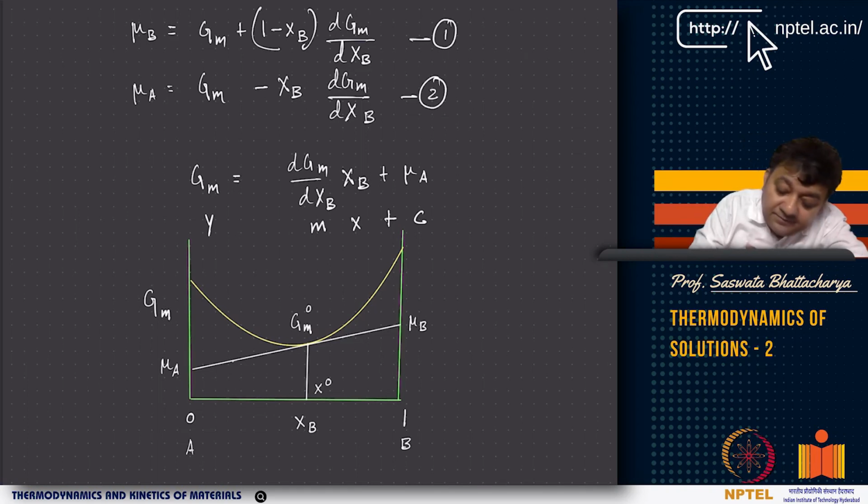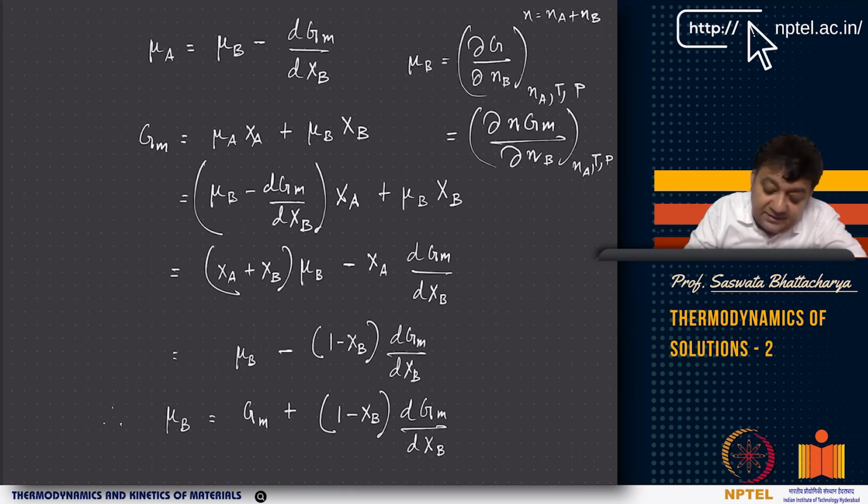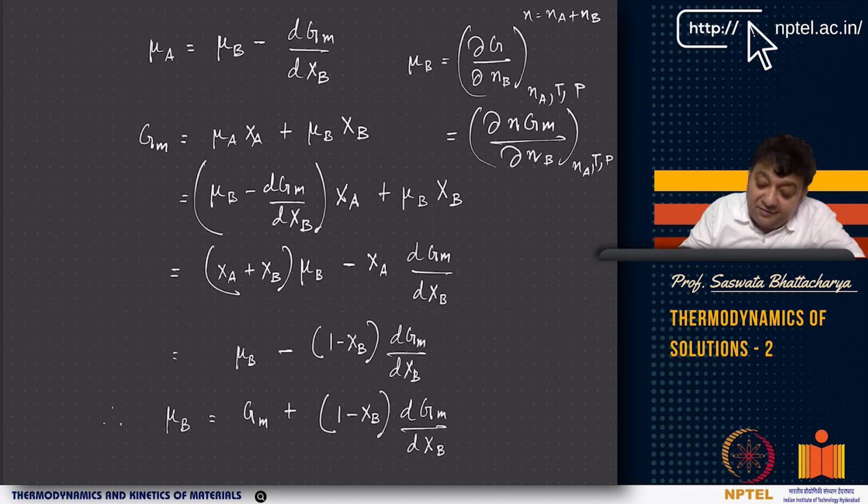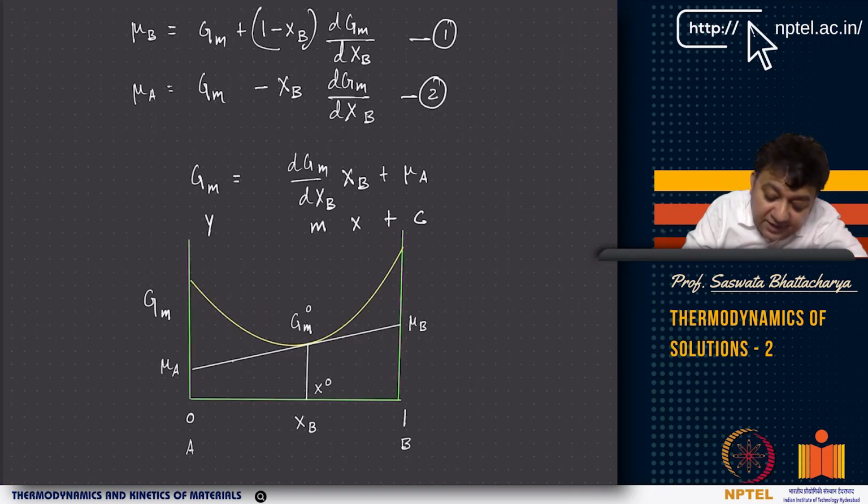So as you can see here, a little bit of rearrangement, starting with this equation, gives me the slope dGm dxb, which is mu b minus mu a. Now what do I mean by slope? So mu b is Gm plus (1 minus xb) dGm dxb. Now you have some molar free energy Gm plotted here, and you have drawn a tangent at some composition x naught.